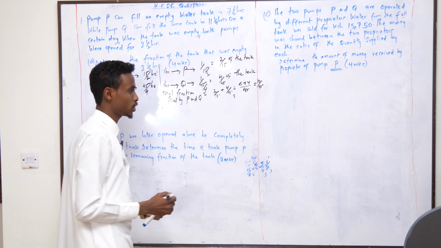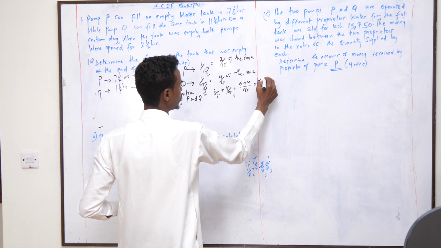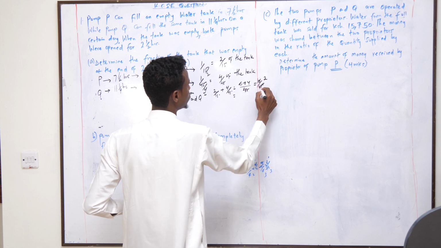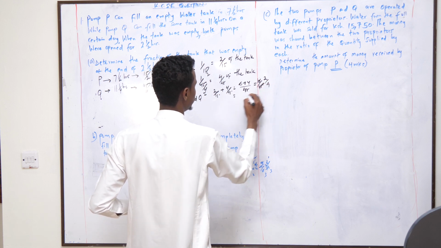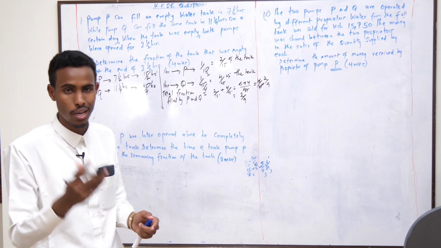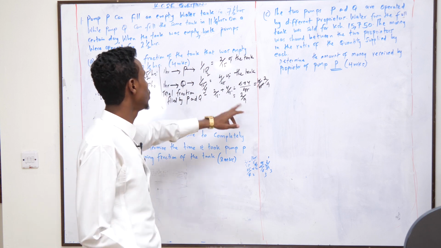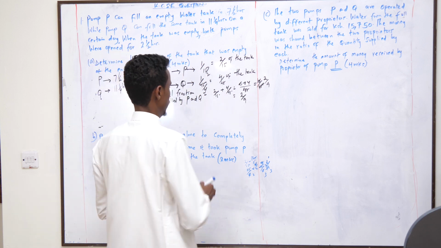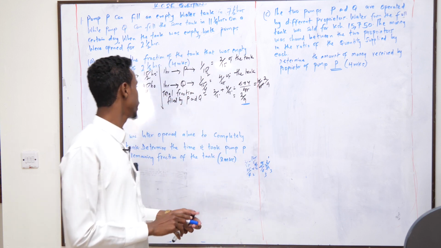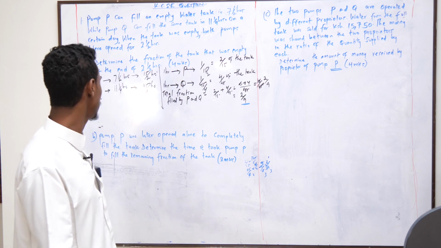If you divide both sides by 5, you get 2 out of 9. Now that means in 1 hour, class, both pump P and pump Q will fill 2/9 of the tank.